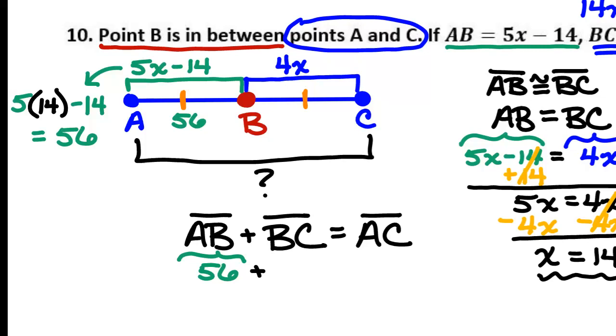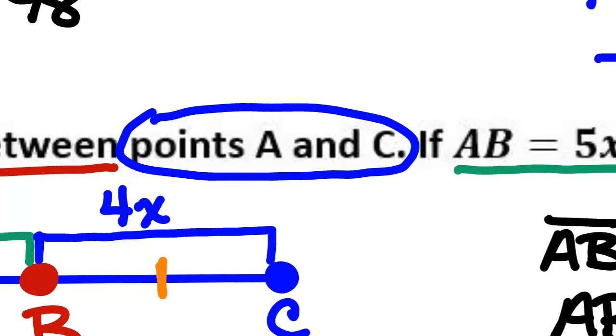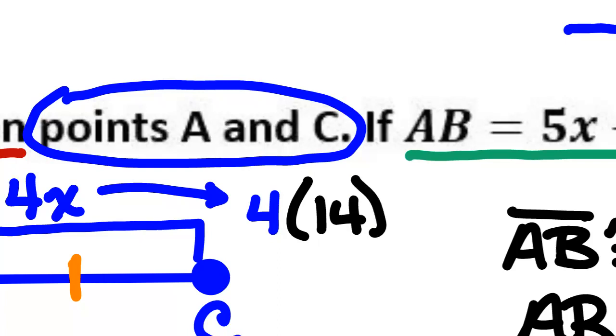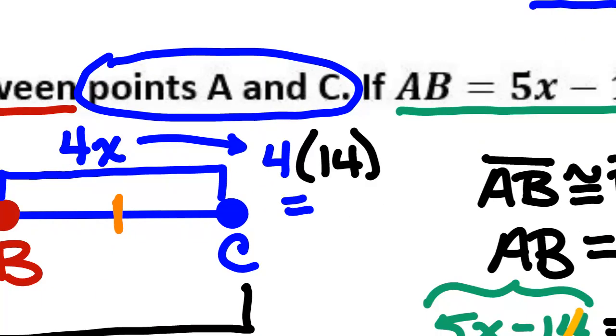Before I even do any plugging in, what do I already know about BC? It's congruent. So when I plug it in, what number should I get? I should get 56, yes. Grab a calculator, do 4 times 14 and tell me what you get. 56.